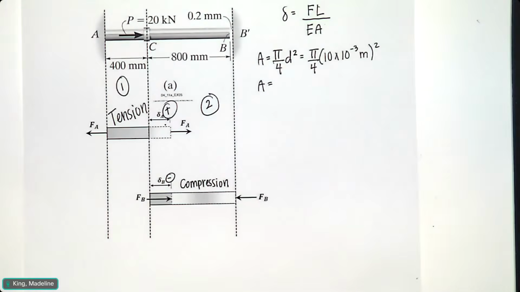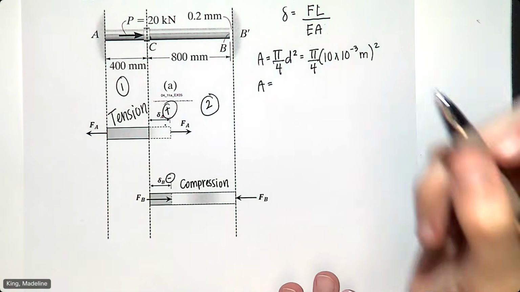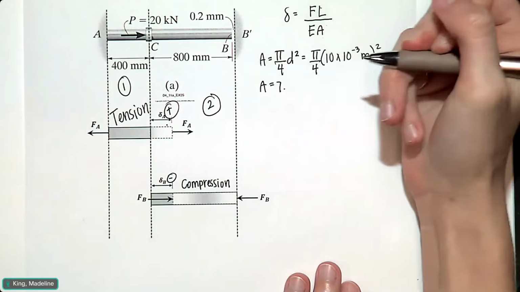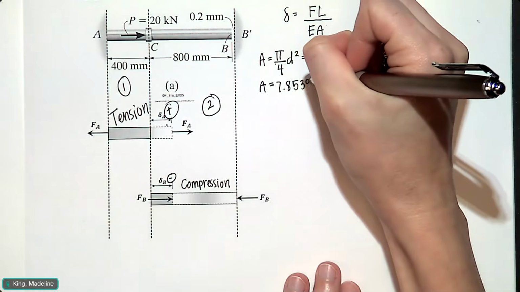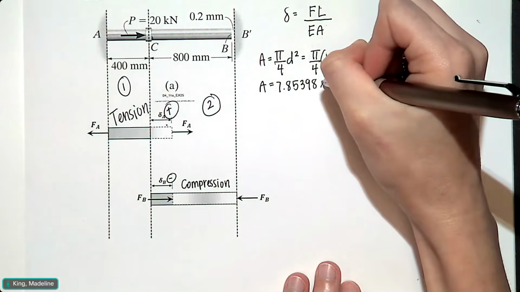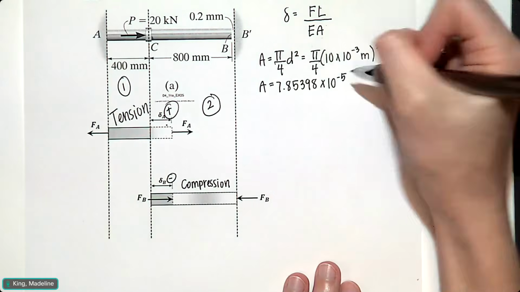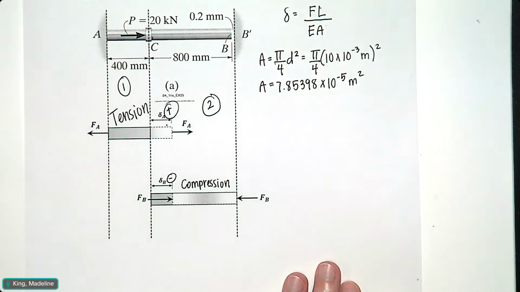So our area will be 7.85398 times 10 to the negative 5 meters squared.